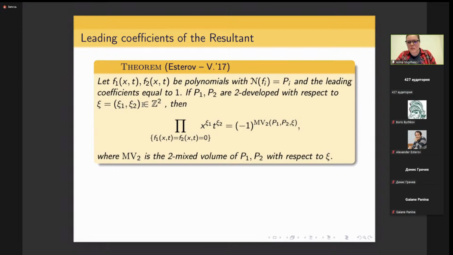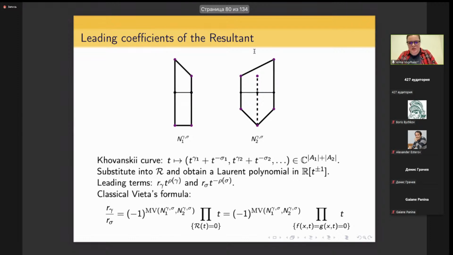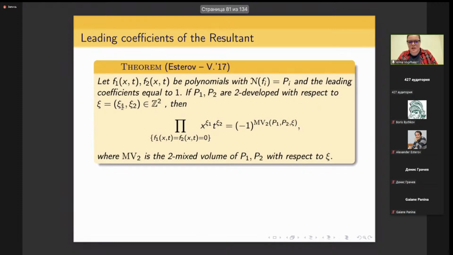I don't want to speak about it in detail, but for the case that we apply this theorem to, when we have those polytopes of the shape and this vector equal to (0, 1), this condition is satisfied. So I'm not talking about this.